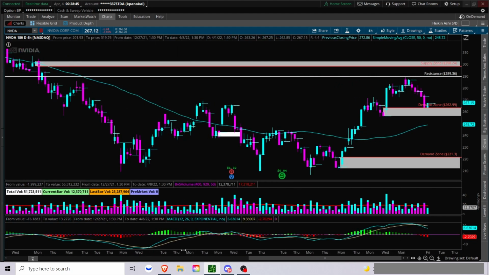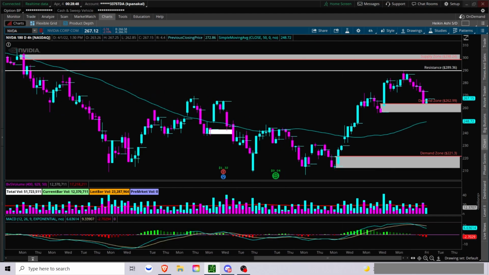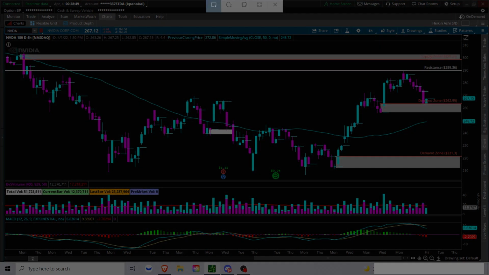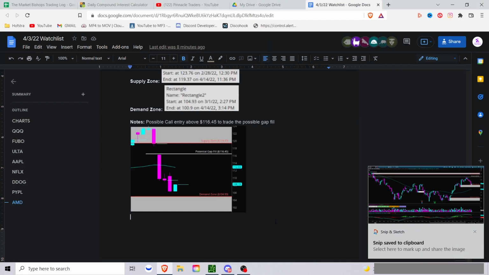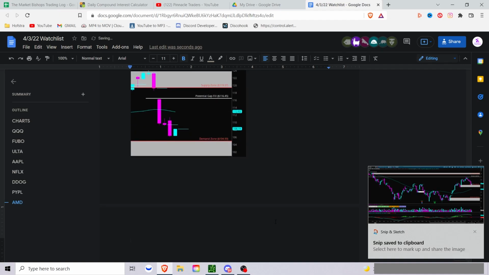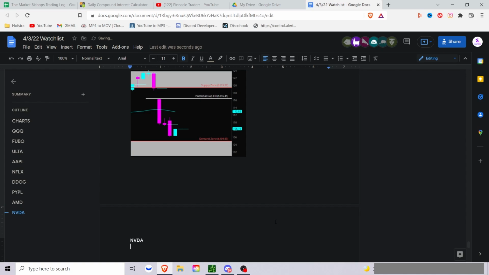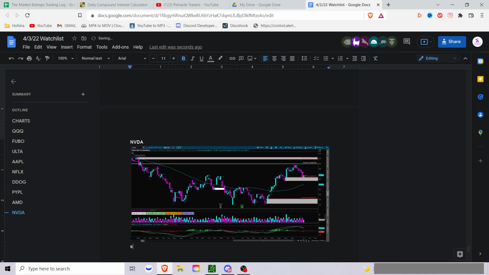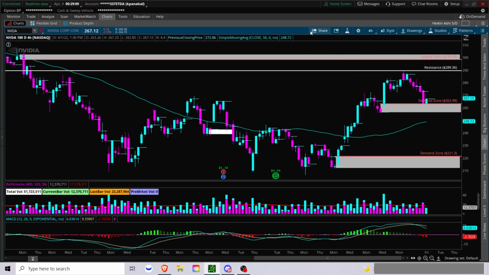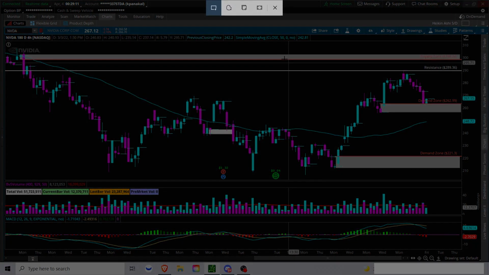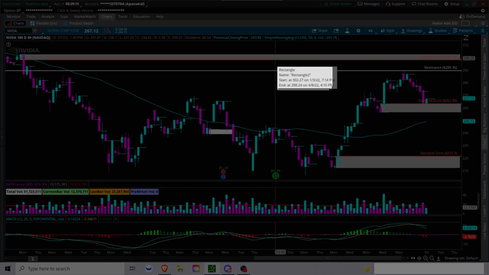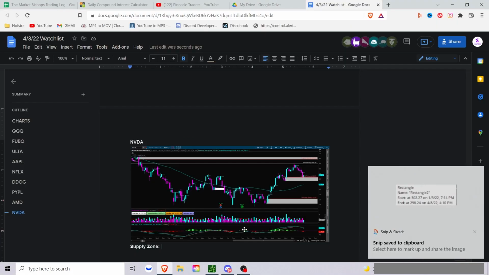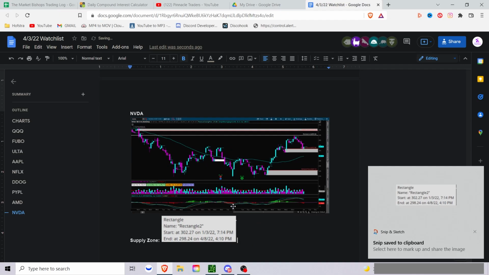So let me take a screenshot of this so I can post on the Google Doc. Just give me a moment to type stuff up on there. So we do have the supply zone right here that starts at 298.24 and ends at 302.27.